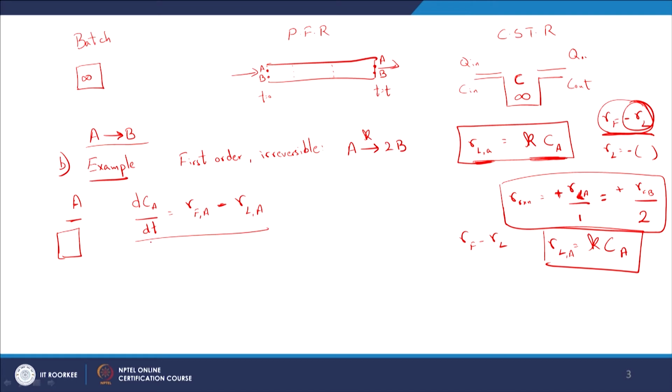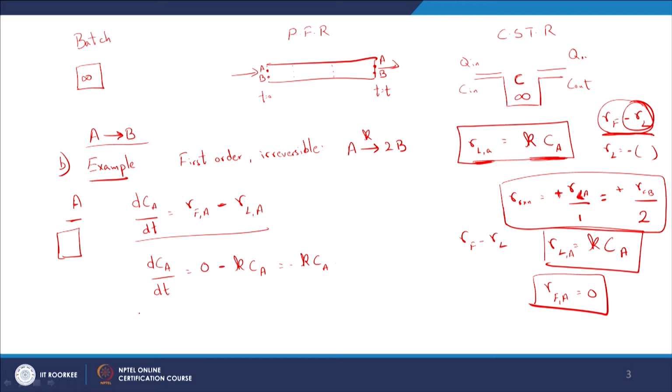So, we are going to plug in the equations here, and as we can see, we have a rate of loss of A here, but is A being formed in any manner? No. So, the rate of formation of A is going to be 0. So, again dCA by dt is going to be equal to 0 minus K into the concentration of A. So, that is equal to minus K into the concentration of A. So you solve that, right, a first order homogeneous differential equation.